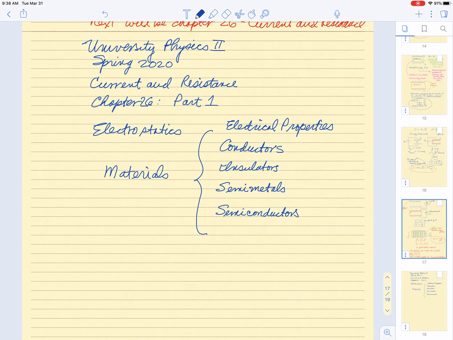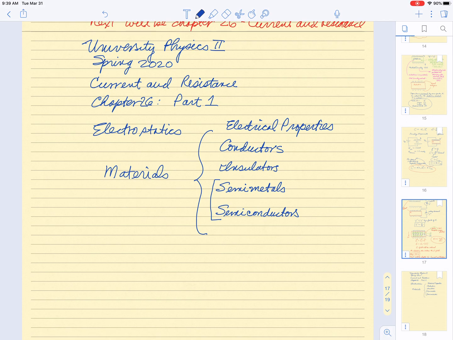And so the difference between these guys is subtle and well beyond the scope of this course. But I will make mention of some of those differences a little bit later when we talk about semiconductors a little bit later in the chapter.